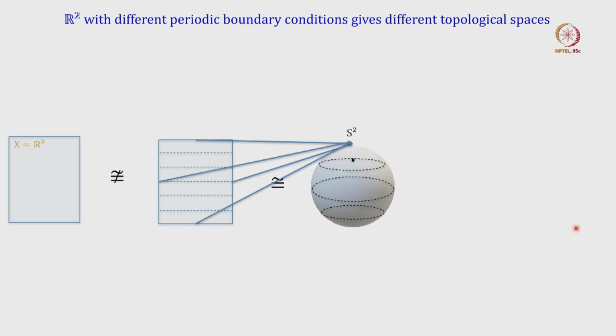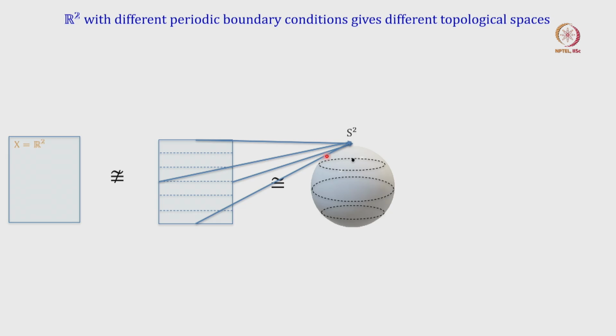Now, another sort of boundary condition we give to start with R2 and get a S2. How do you do that? You identify all points, not just the sidewise, all these points. So, it is like take and then you put it into one point, then it becomes a circle.